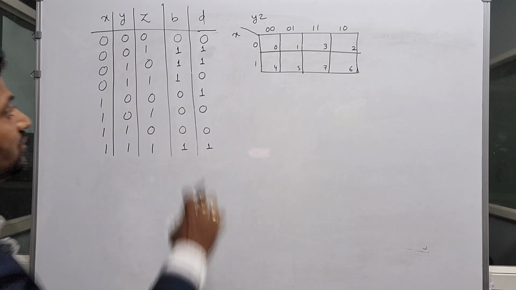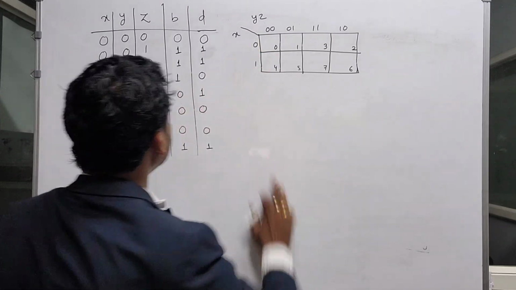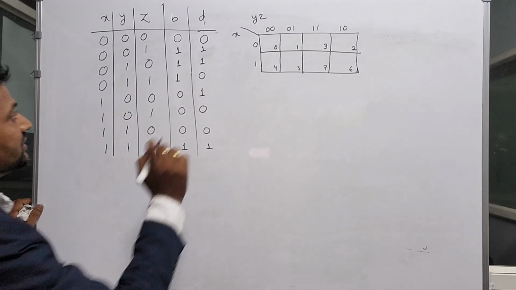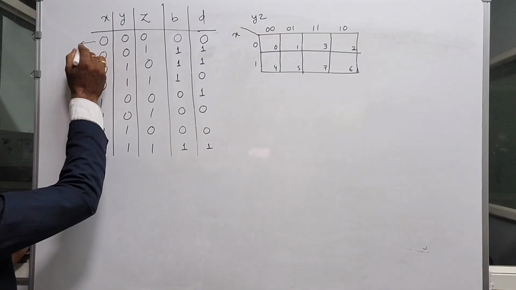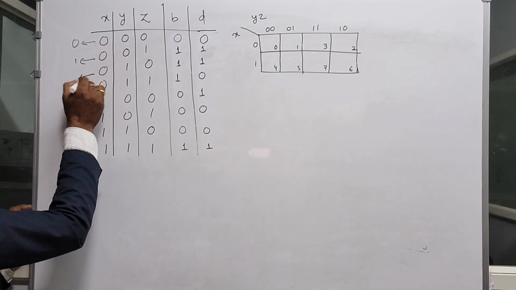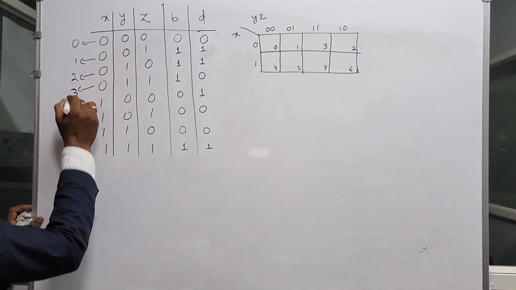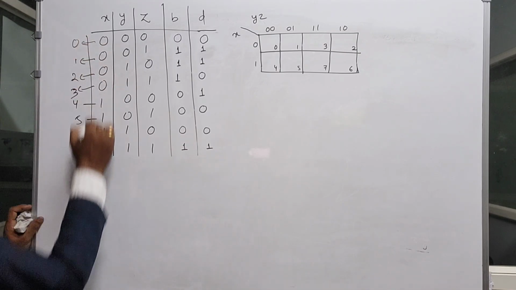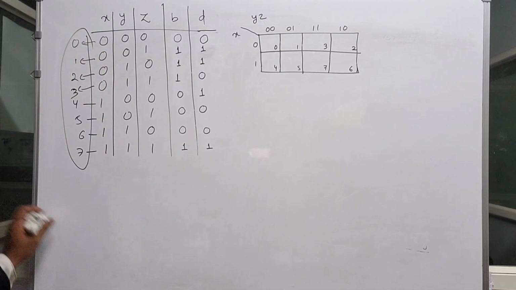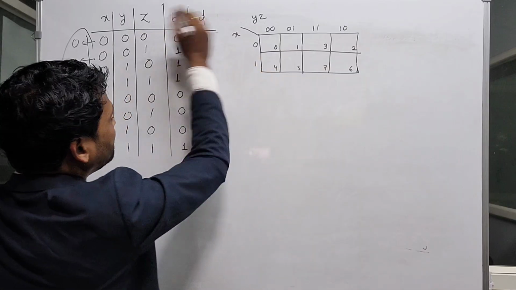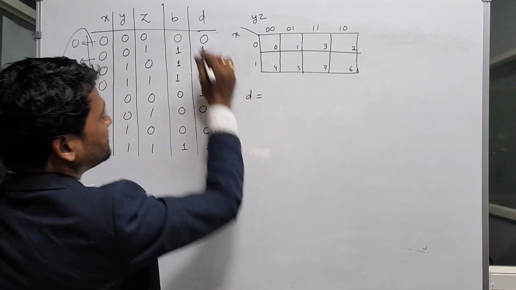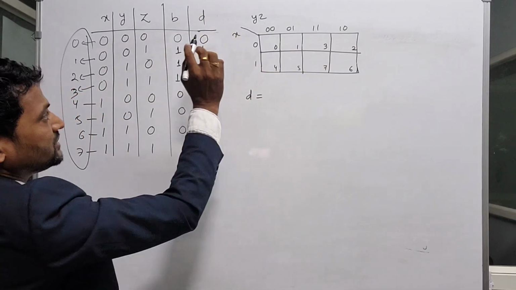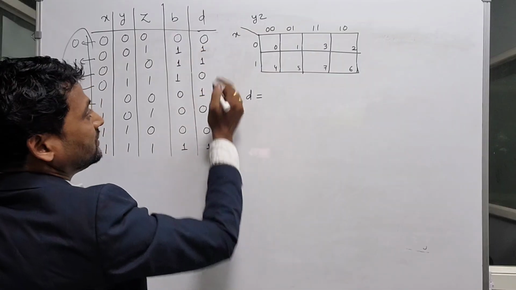So how do we use the K-map to write this equation? First write the decimal values: 0 1 2 3, then 4 5 6 and 7. Now coming to the difference part, what will the difference equation be? Look at the difference column to see where the 1s are.